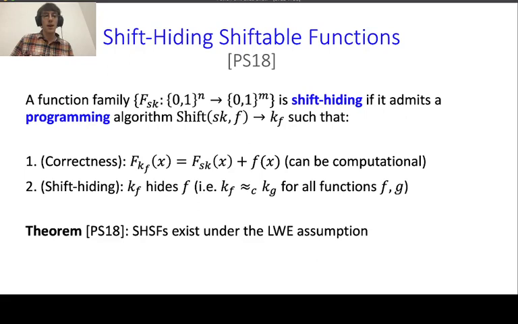It was known, in fact, before any correlation-intractable hash functions were really constructed, that shift-hiding shiftable functions exist under the LWE assumption, plus this one-dimensional SIS assumption as well. So this was known, and we end up showing in this work that this pseudorandom function family, which already existed, turns out to also solve the correlation-intractability problem essentially for free.